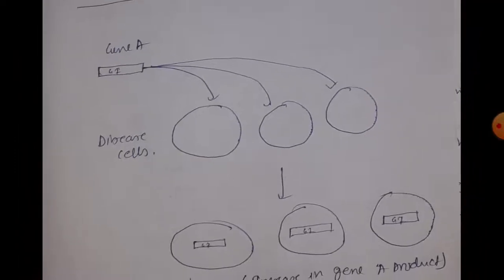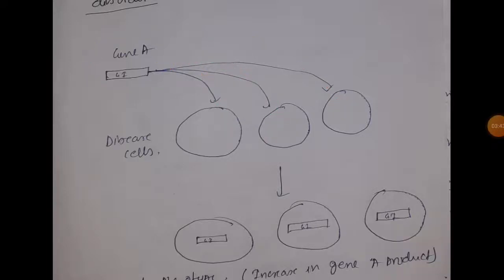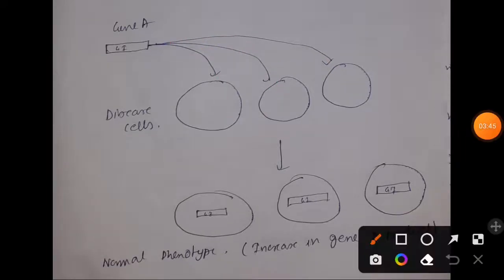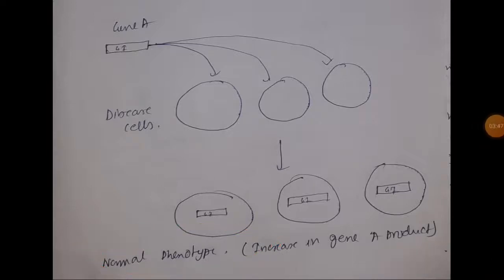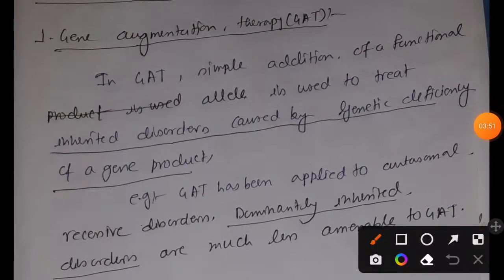So we will add the allele in the diseased cell, and as a result they will get back their normal phenotype. Remember one thing very carefully: we can use GAT for autosomal recessive disorder treatment, but we cannot use it, or we will get a very low result, against any dominantly inherited disorder.